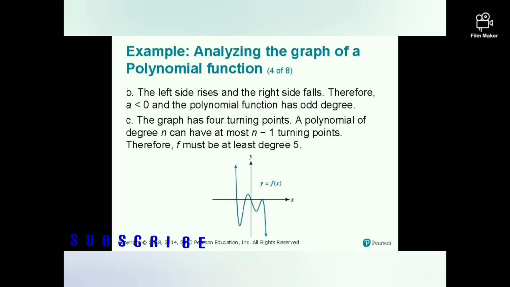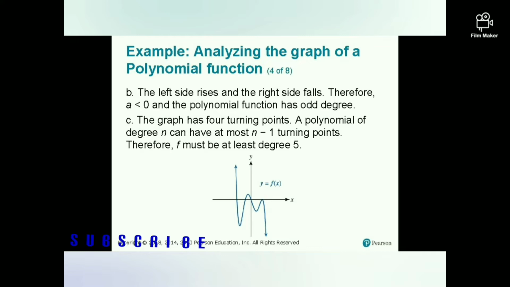Let's try analyzing the graph of a polynomial function. The left side rises and the right side falls. Therefore, a is less than 0, negative, and the polynomial function has odd degree. The graph has 4 turning points. A polynomial of degree n can have at most n minus 1 turning points.